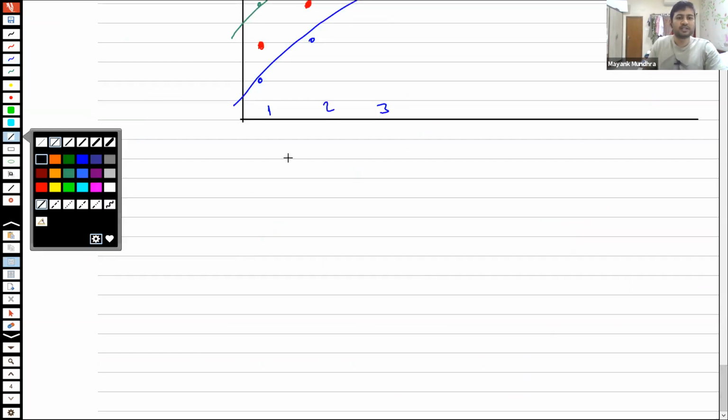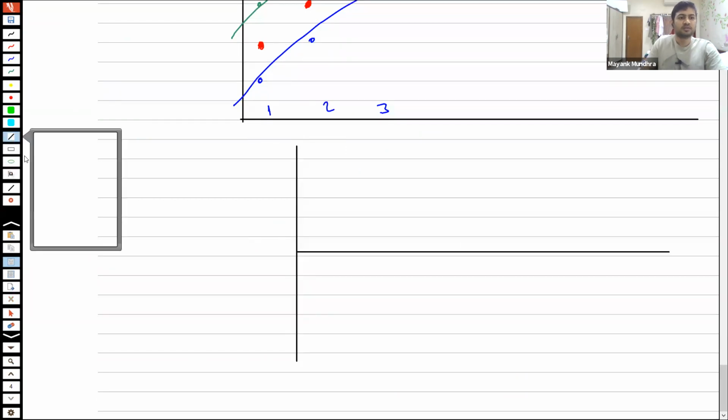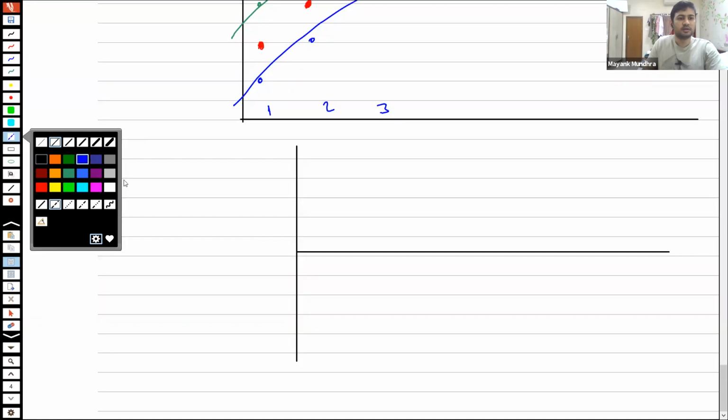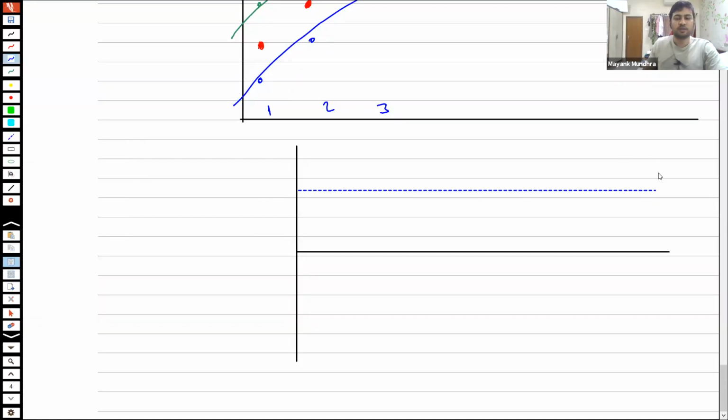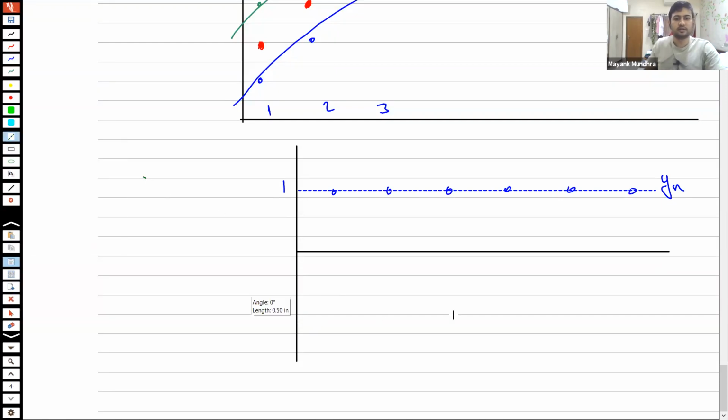So the sequence xn is -1 and the sequence yn is 1. This is my sequence yn, which is constant at 1. And another sequence xn, which is constant at -1.